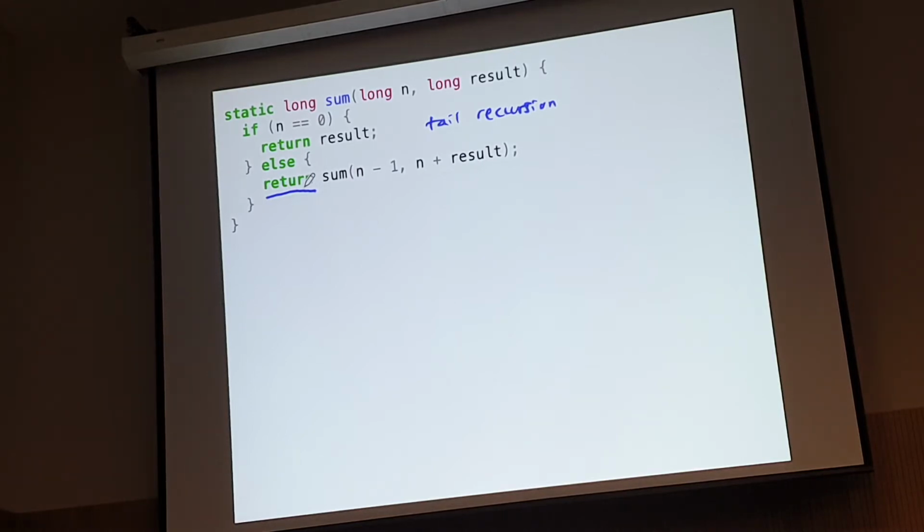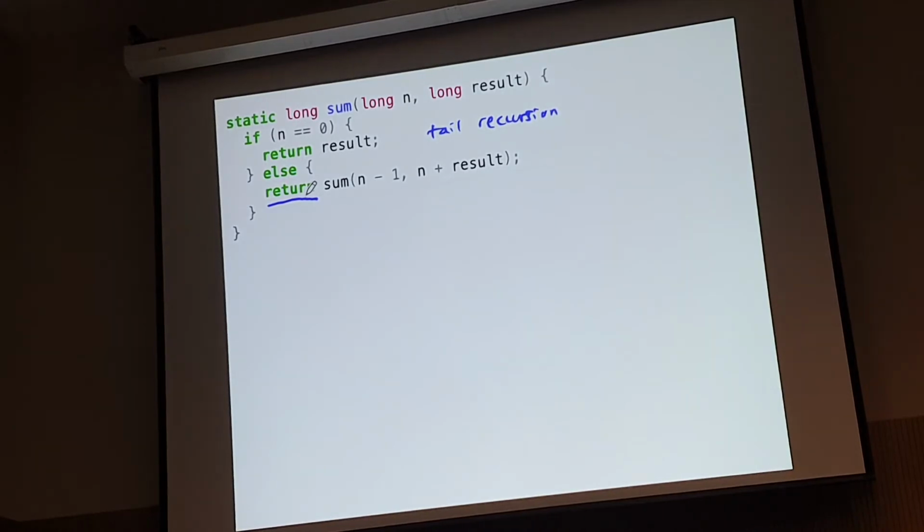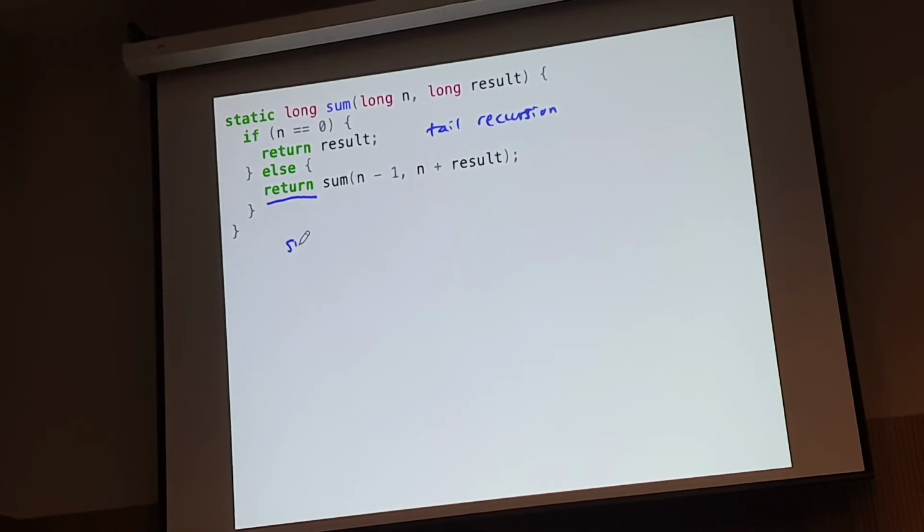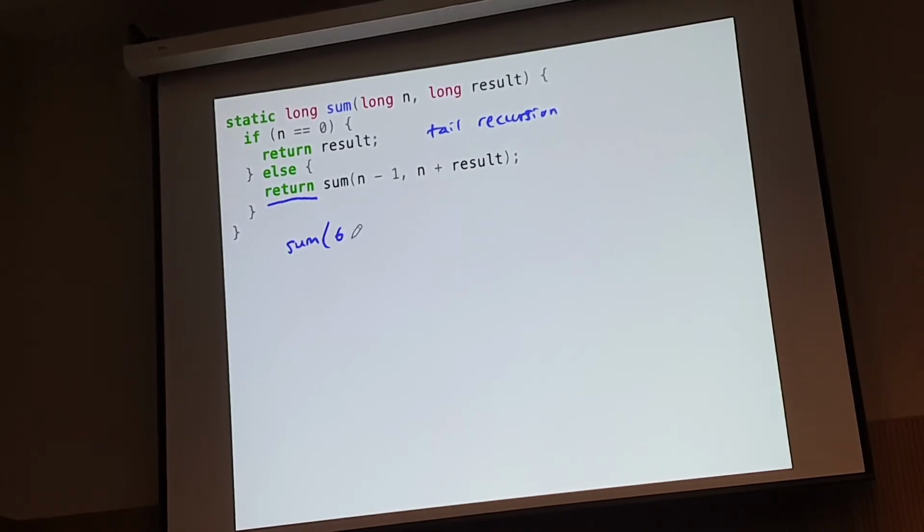Now let's trace through the steps when we call this function recursively. Let me start by calling sum of 6 and 0. So I start with the first stack frame. I have 2 variables.